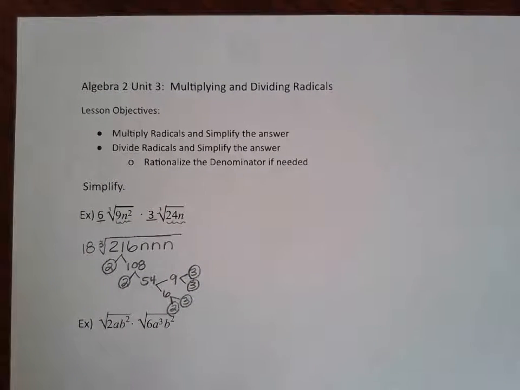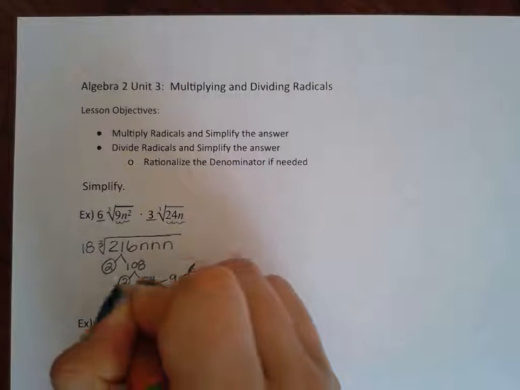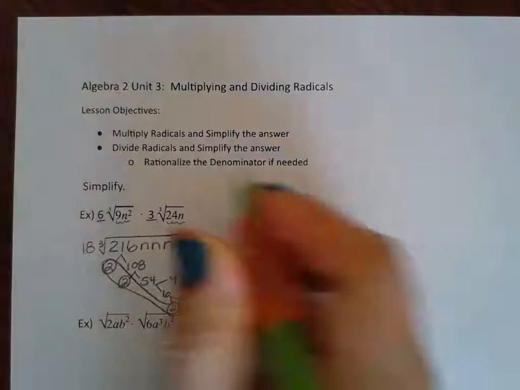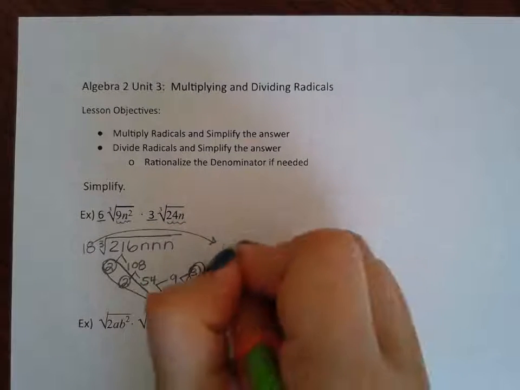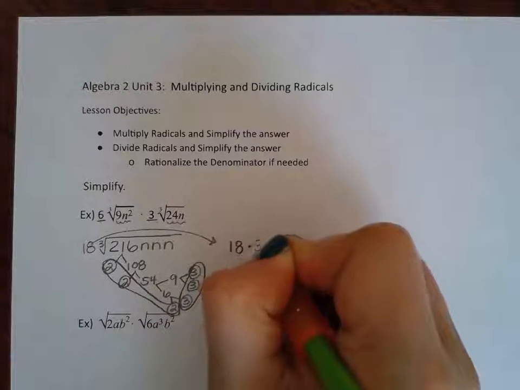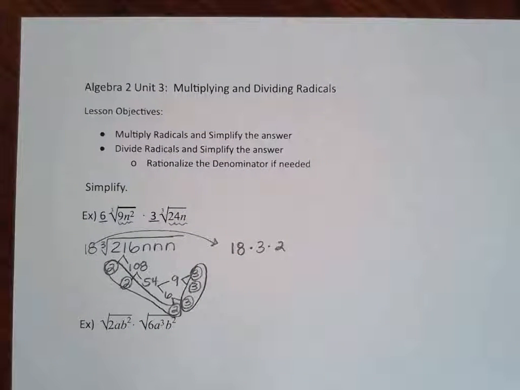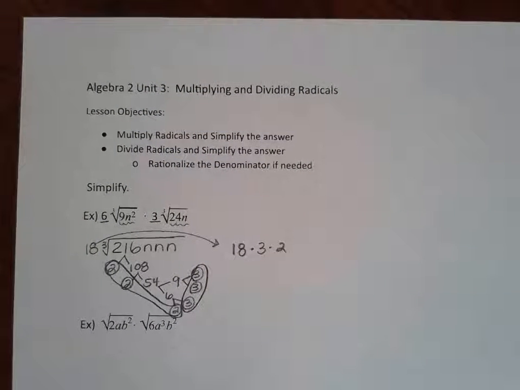So we're doing groups of 3. Looks like we've got a group of 3 right here, and we have a group of 3 right here. So you have the 18 that was already out there. That comes over, times a 3, times a 2. And I don't think we have any numbers left over, which is kind of nice.